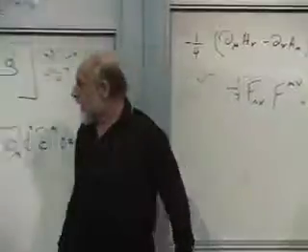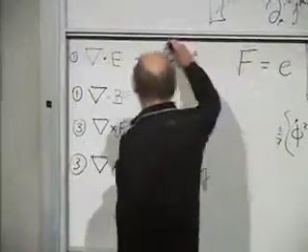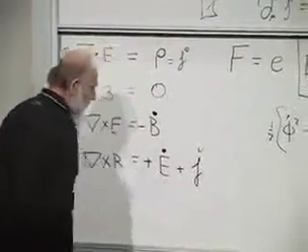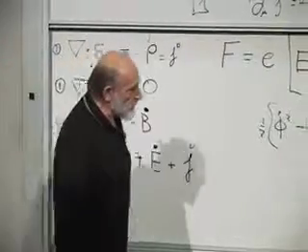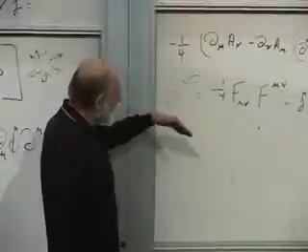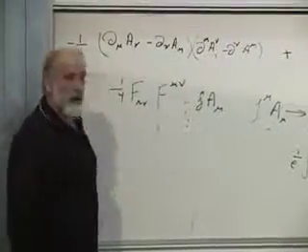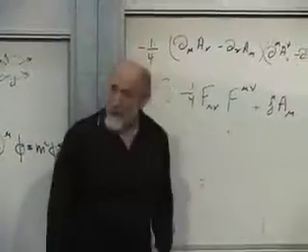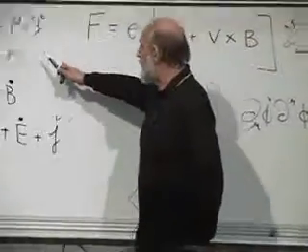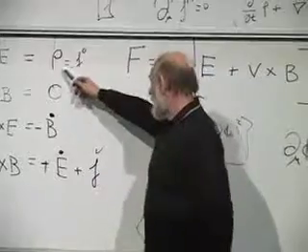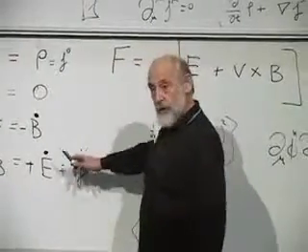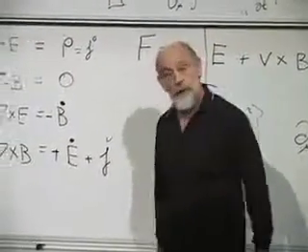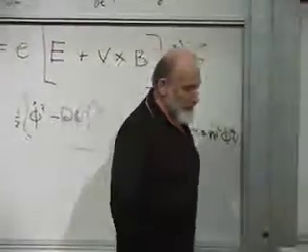I'll just tell you right now that it's this and this. So if you go through this Lagrangian and work out the Euler-Lagrange equations, you find some additional terms on the right-hand side, which are the charge density and the current. Okay.